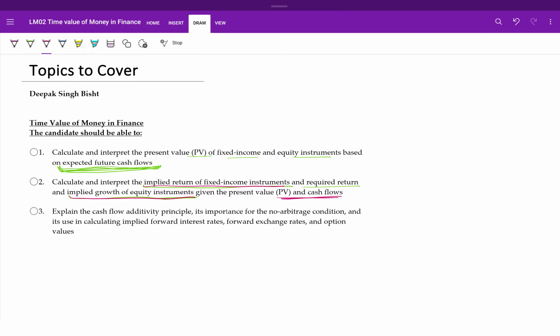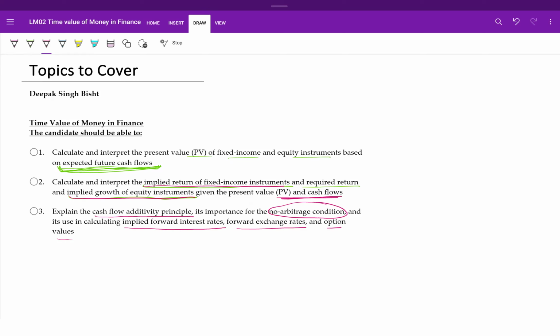And the third LOS here is explain the cash additivity principle, its importance for no arbitrage condition, and its use in calculating implied forward interest, forward exchange rates, and option values.